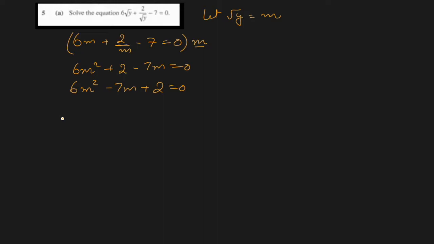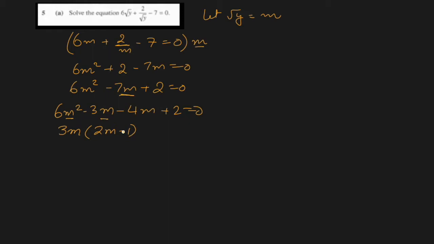Now you can use your calculator for finding the values of m, but I'm using the factoring method. 6 times 2 is 12. 3 times 4 is also 12. So 6m square minus 3m minus 4m plus 2 equal to 0. The middle term has been broken into two parts so that I can take something common from these two, which is 3m.